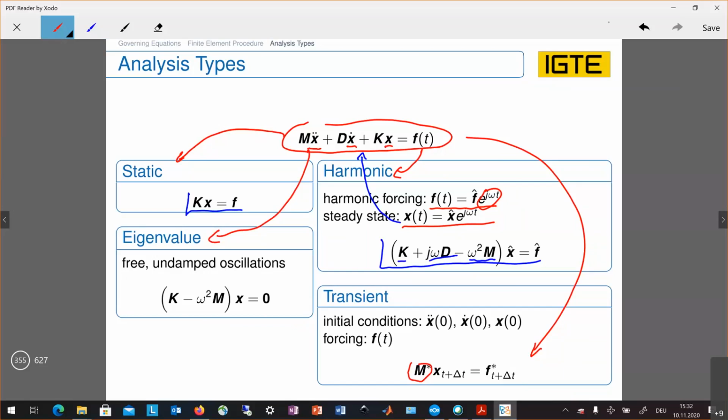As you can see here, mostly you compute the free undamped oscillations, because when you also take into account the damping term, you come up to a quadratic eigenvalue problem, which is not as easy to solve. So that's why for eigenvalue analysis, you mainly perform it for the undamped case, setting the damping matrix D to 0.